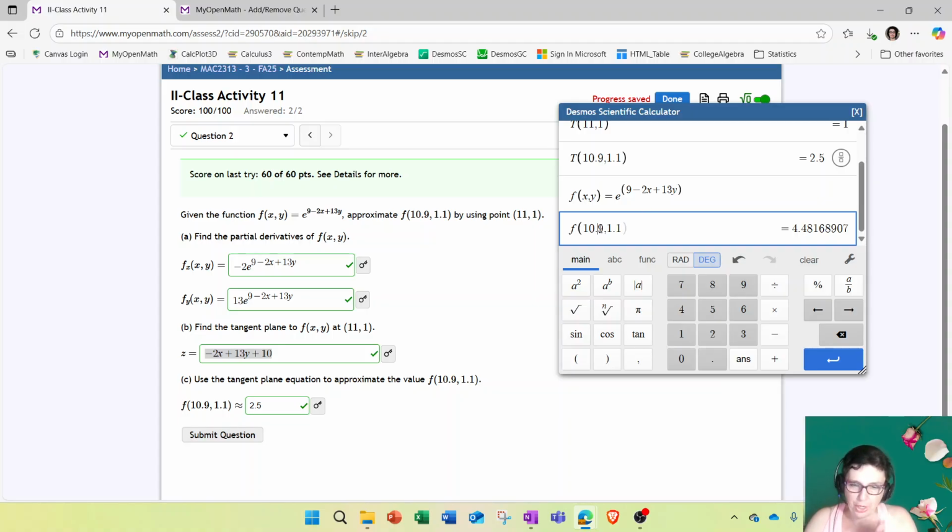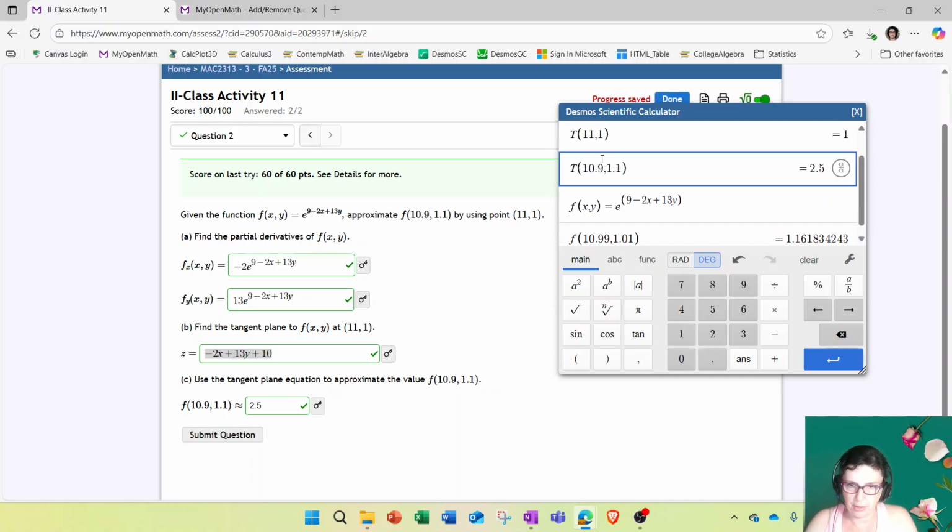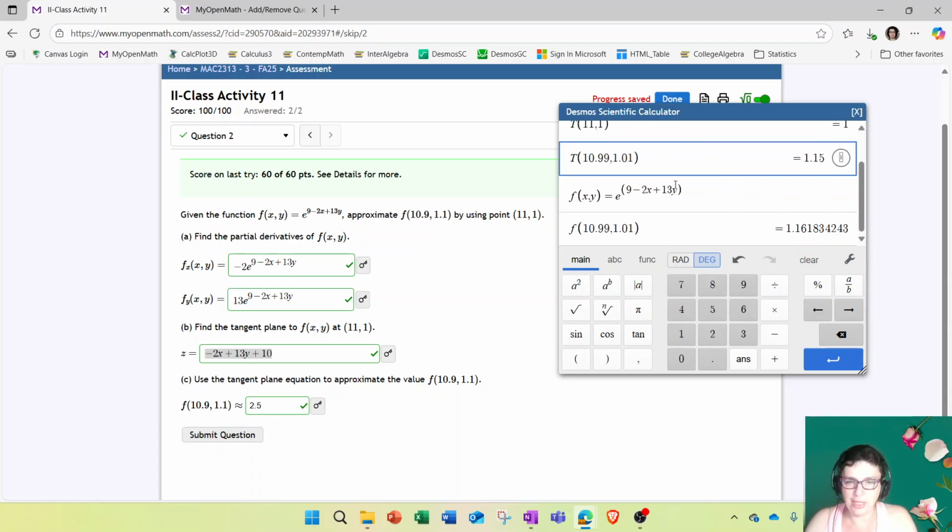So if you were actually closer, something like this, your approximation probably wouldn't be so bad. Yeah, see, if you were very close, maybe I should change the code to this. So if you're very close, then the approximation was not bad, but if you were off by 0.1, useless.